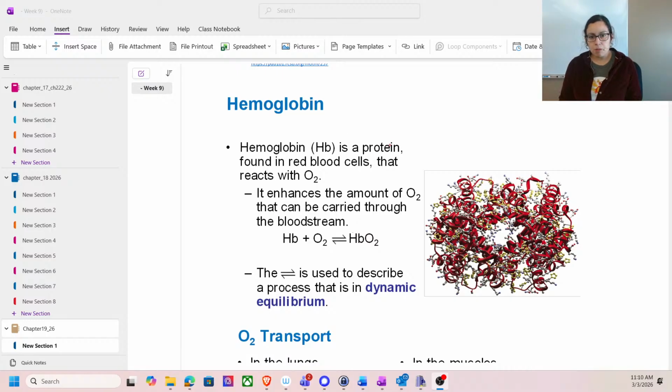Your hemoglobin is your protein, mainly iron based, so it can bind that oxygen. Let's say it starts off in your lungs, where there's a higher concentration of O2. That's going to drive the binding of oxygen to your hemoglobin. Then it goes out of your lungs and maybe down to your leg, and you've been walking and running.